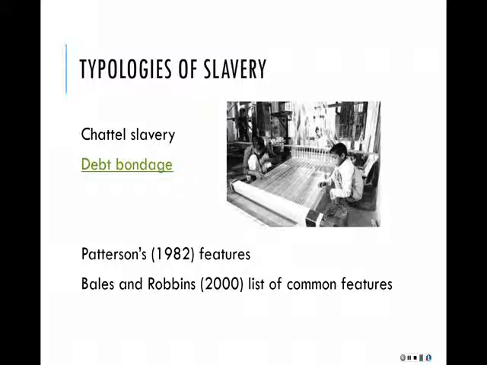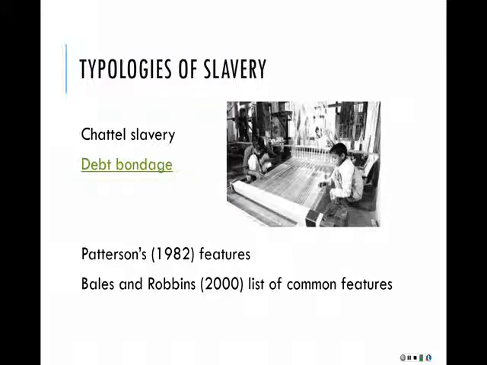Okay, so Bales and Robbins break down slavery into some different types, and I will mention those for you now so that you can jot these down. There's white slavery, forced labor, debt bondage, child prostitution, forced prostitution, sexual slavery. All of those satisfy the three common features that Bales and Robbins talk about.